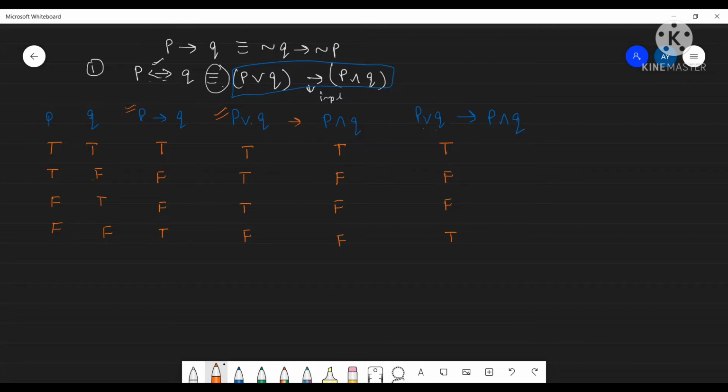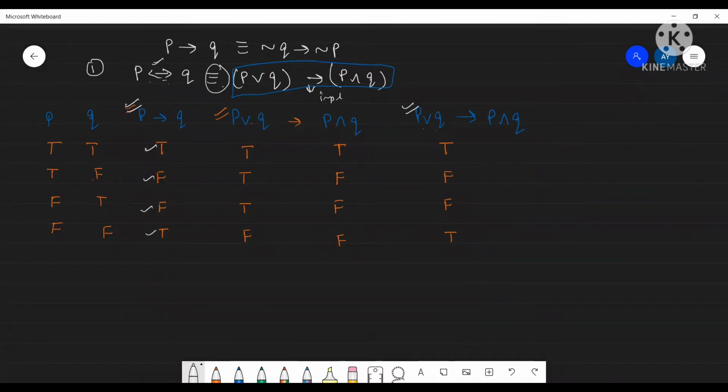Now, what do we have to see? We have to see whether P implies Q is logically equivalent to P or Q implies P and Q. What is logically equivalent? It should be equal. So now, the third and sixth columns are what we want. Are they equal? The third column has true, false, true, true, and the sixth has true, false, false, true.